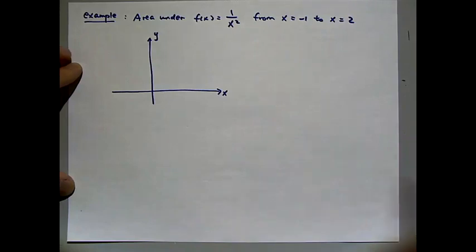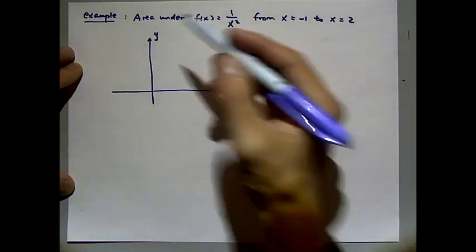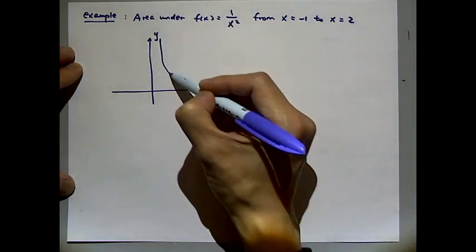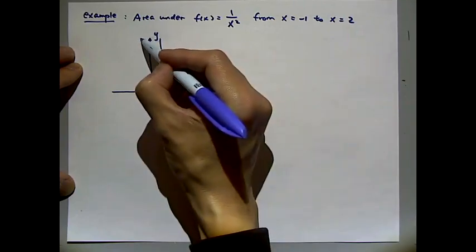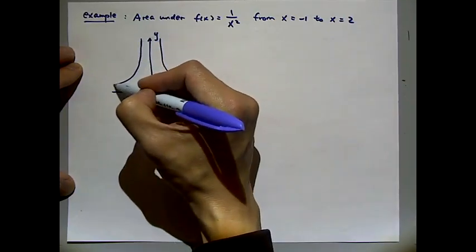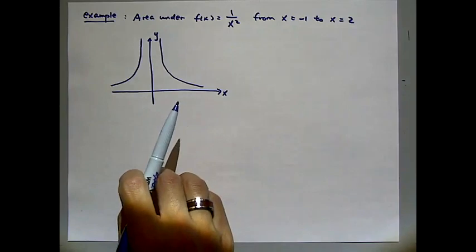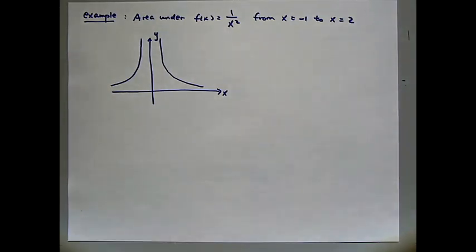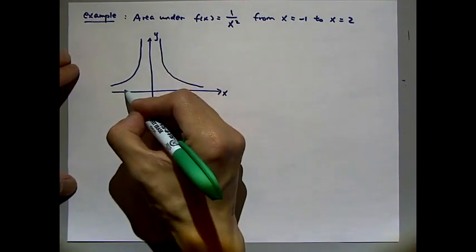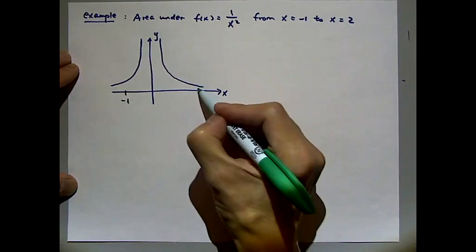Let's make a sketch. 1 over x squared looks a lot like 1 over x, except it's always positive. So we're looking for the area from minus 1 to positive 2.